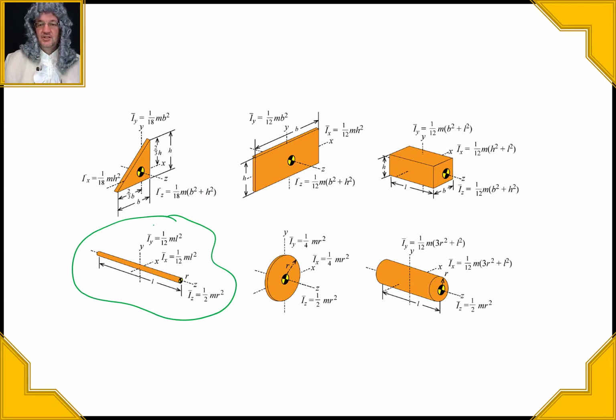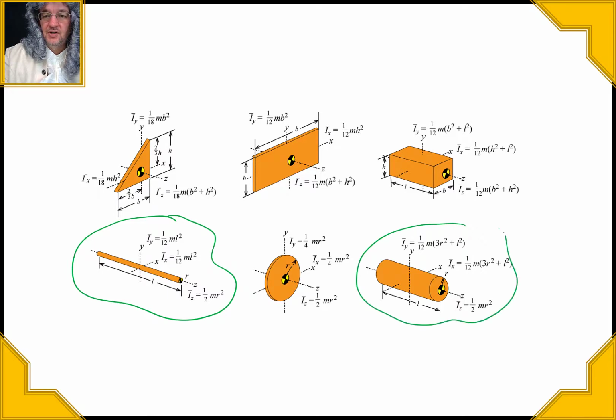And then you could see that if it gets a little bit larger right here in terms of the radius of this thing, if it gets fatter, that radius will influence the mass moment of inertia about that axis and about this axis, which will have an additional term here.